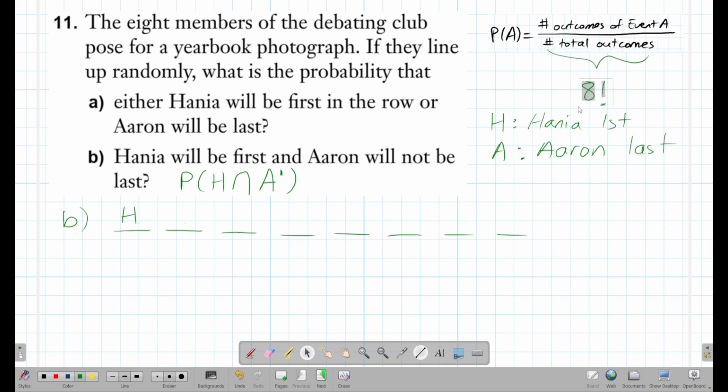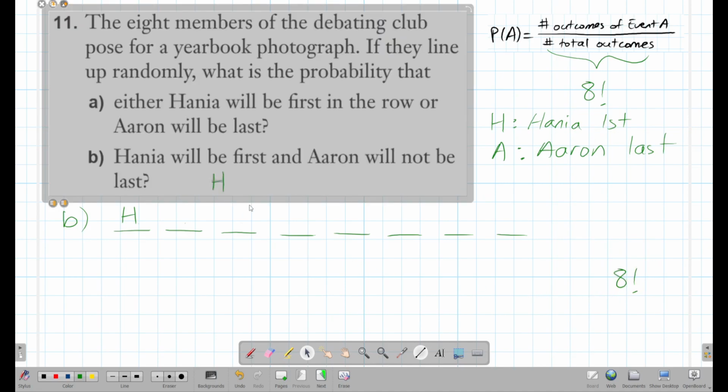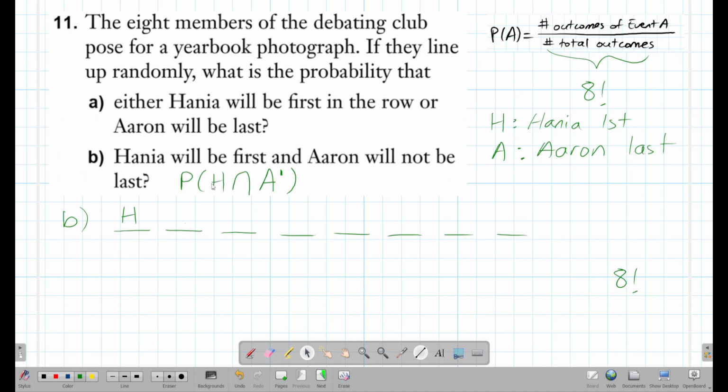What we want now is to find the number of ways where you can have Hania be first and Aaron not be last. So we're going to put Aaron anywhere but the last position. He can go anywhere but the last position. But that being said, he can't go to the first position either.